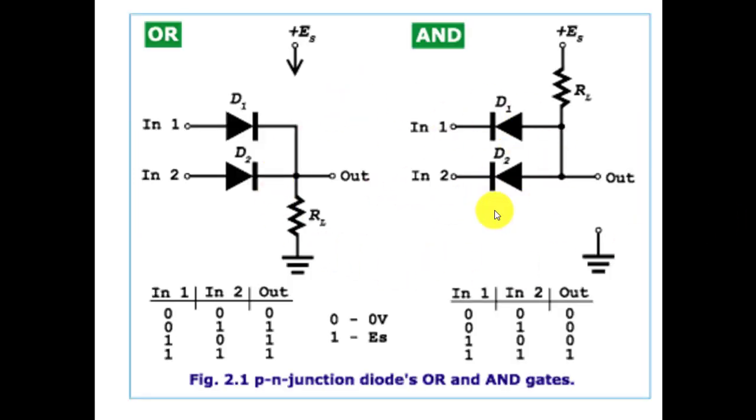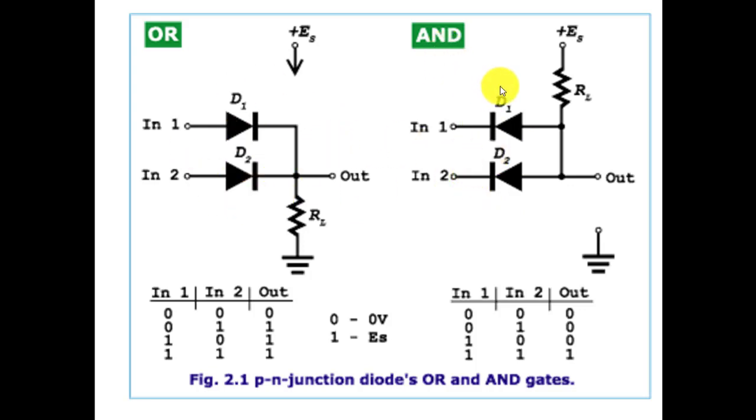Okay, now let's proceed with the verification of the logic AND gate using the diode logic. You can see here the circuit diagram. In this case, the direction of the diodes of the AND gate is reversed from that we used in the case of the OR gate.